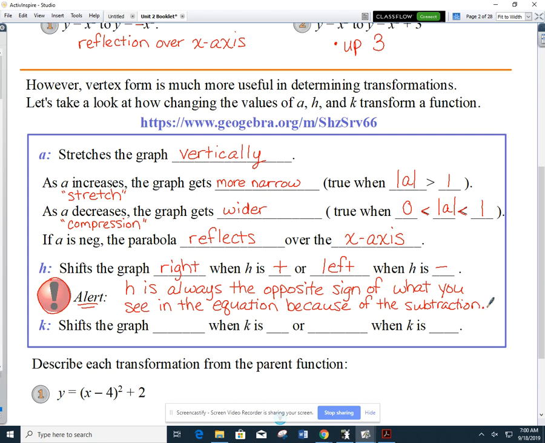So that's the tricky one. K shifts the graph up when K is positive or down when K is negative.